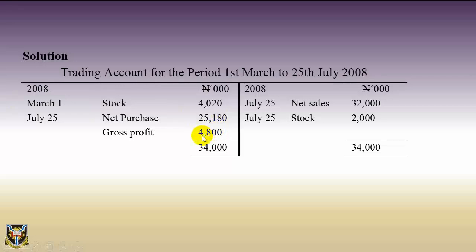Gross profit 4,800. Total 34,000. The right side: July 25, net sales 32,000. July 25, stock 2,000. Total 34,000.